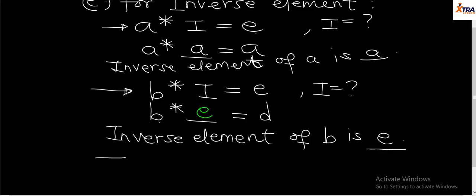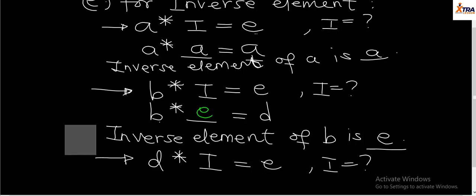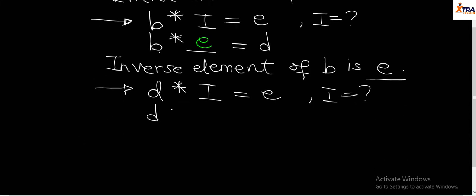For the next one, we look at D. D operation, the inverse, should give us the identity element. That is the inverse we're looking for. If that is the case, then a particular unknown value equals to, remember we have gotten the identity.